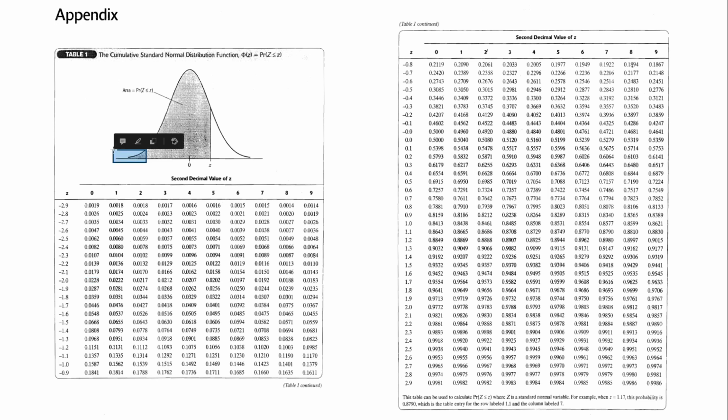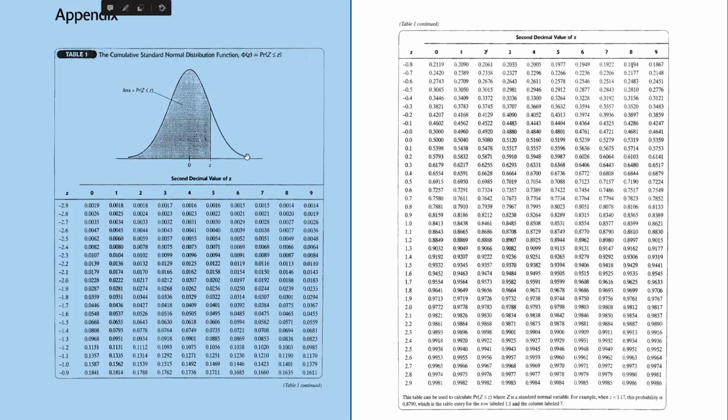If you would like to have the right tail probability, you could just find the left tail probability of the negative of the z statistic, and you would get the right tail probability.